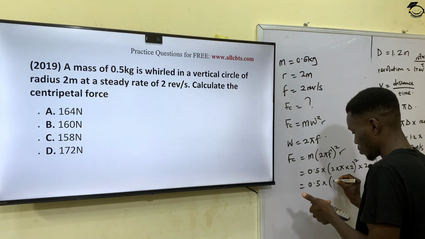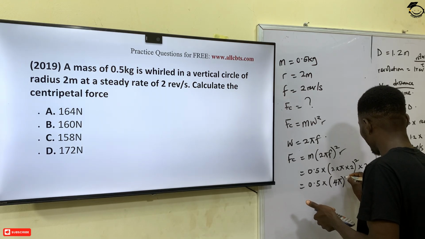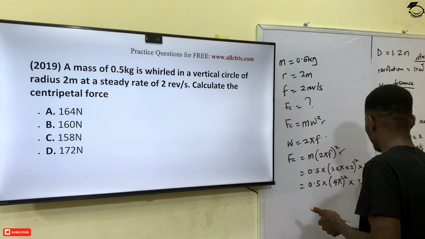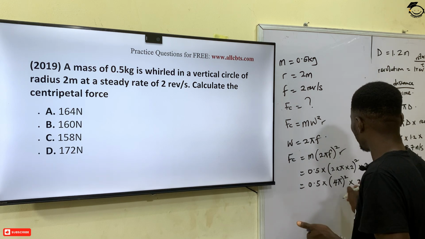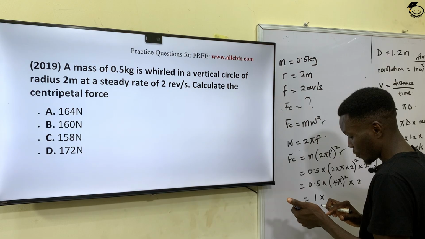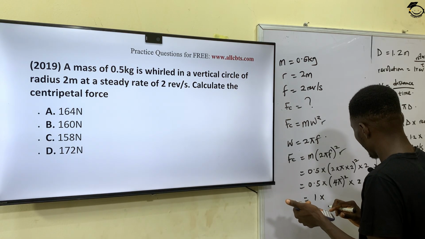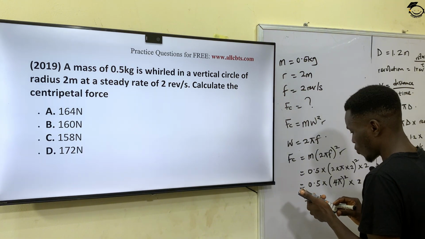So this will give me 0.5 times, so I have 4 pi. Let's just leave it at pi until after we square. This is times 2. So if I multiply 2 times 0.5 here, that will give me 1. So that will give me 16 pi squared.